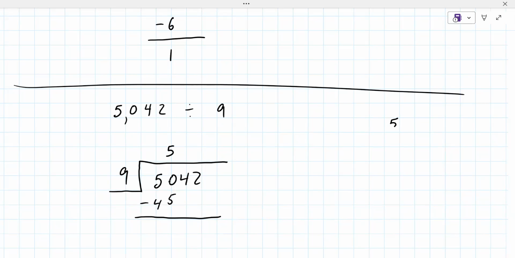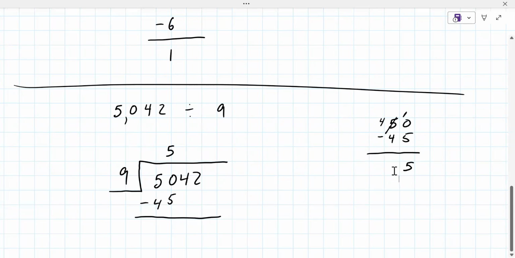Let's take a look at that here. If you recall, you cannot subtract 5 from 0, so you have to borrow from the 5. What happens when you borrow from the 5? Remember how that 5 goes down to a 4? Okay, so what is 10 minus 5? 5. And how about 4 minus 4? 0.